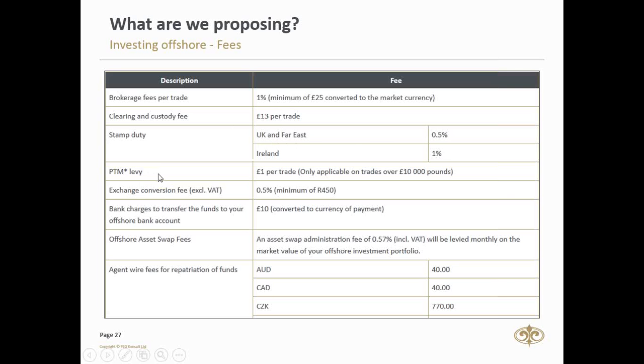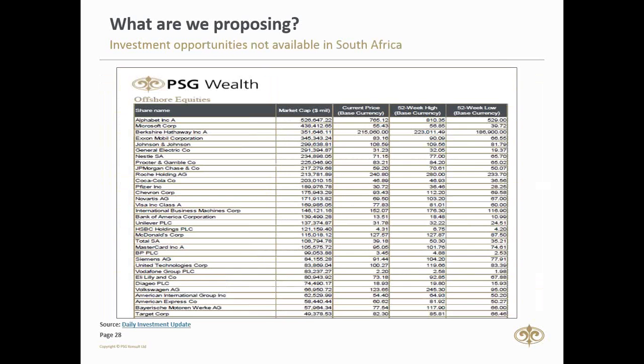If I remember rightly, let me get to my notes here, it's the Panel on Takeovers and Mergers levy. It's very similar to the JSE's investor protection levy, a levy that you pay on every transaction, however only on transactions over £10,000. You can see all the different costs. And obviously with all the different currencies, there are fees involved there too.